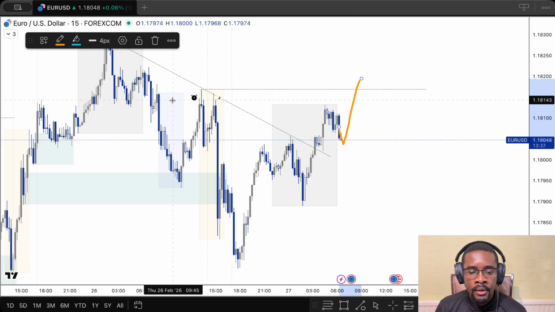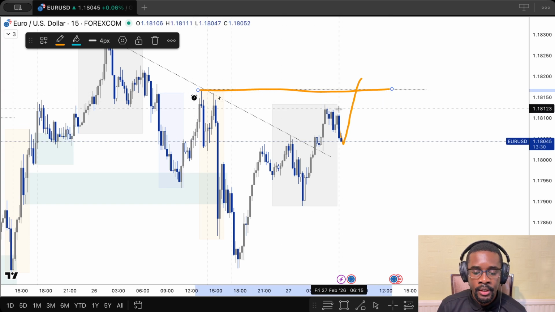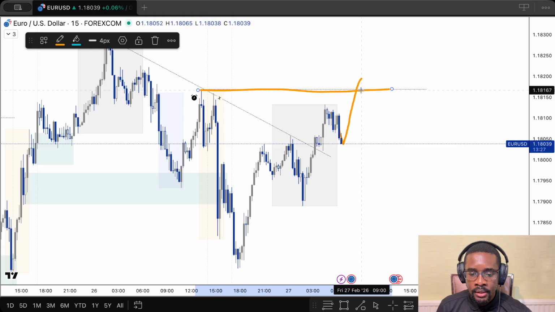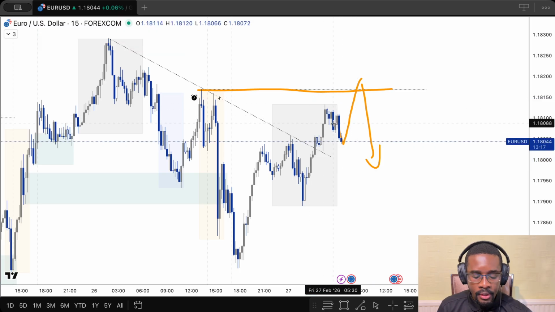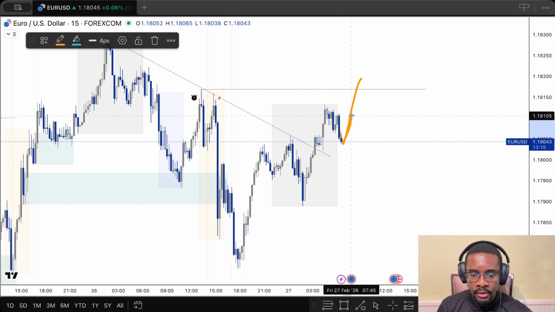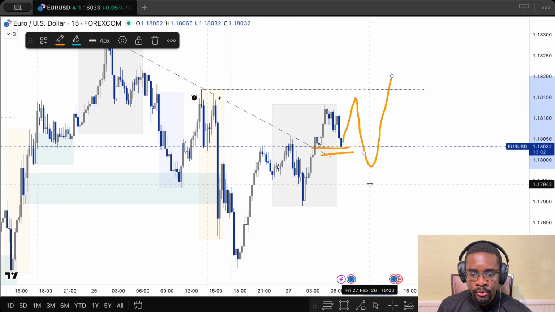If price takes out this area, between 8 and 11, then I may be looking for continuation to trade down. If it doesn't, if it just sweeps maybe Asia high, then if we have something like this, maybe it just sweeps this, then I may be looking at price coming down, sweeping whatever structure has been created here, and then looking for buys.